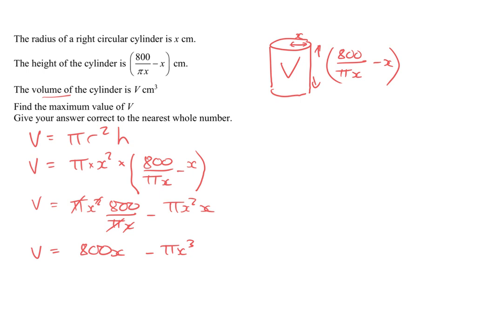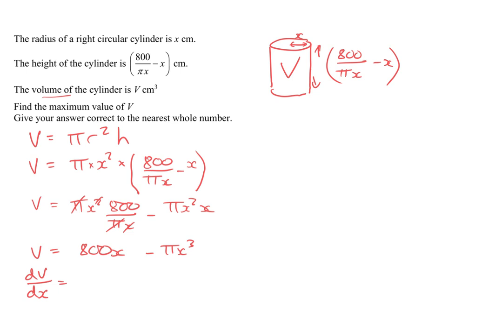So the volume is actually a lot nicer to look at than the expression for the height. Now, we're looking for the maximum. So therefore, we will have to differentiate. Normally you would differentiate dy by dx. Because we're doing volume here, it's going to be dv by dx, but it works exactly the same way. Now we have our expression written in index form, so there's no fractions here, which makes the differentiation nicer.